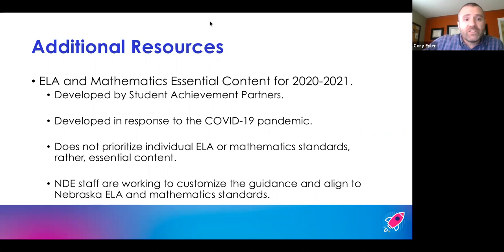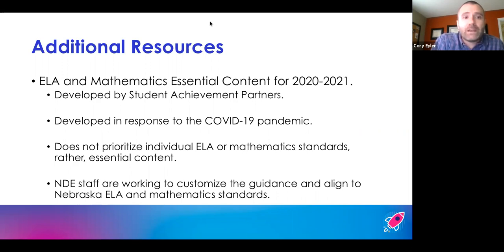What Student Achievement Partners did, for K-8 mathematics and K-12 literacy, I'll have to check the grades, is they identified essential content for the 2021 school year. A couple of things I want to point out is that this was developed in response to the pandemic, and this does not prioritize individual ELA or mathematics standards, but it prioritizes content.